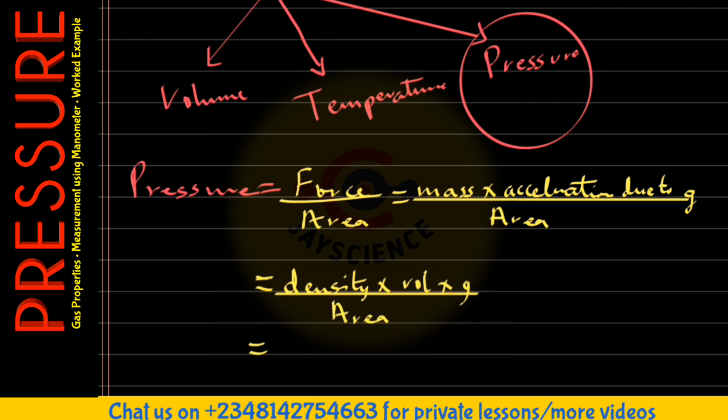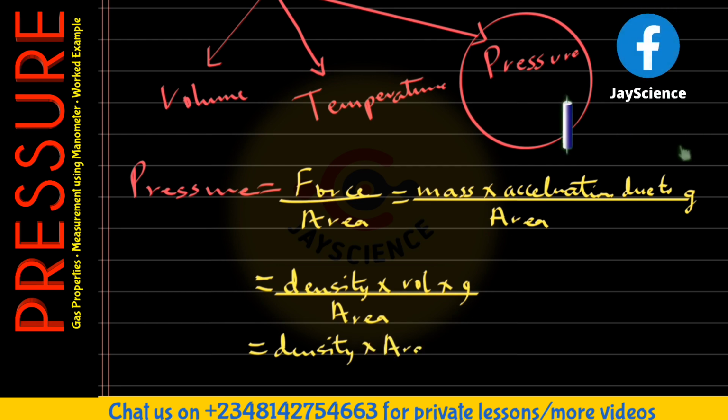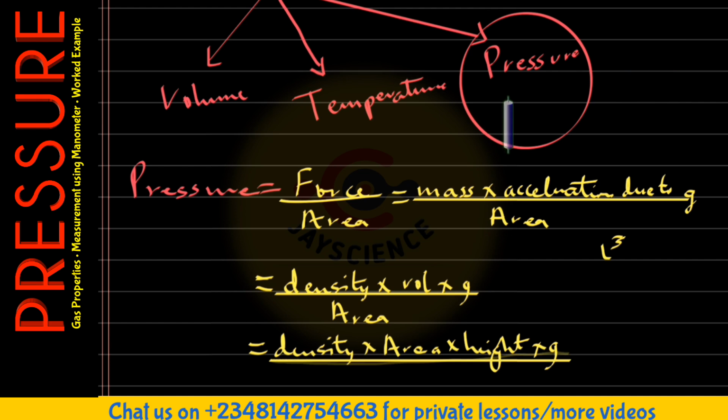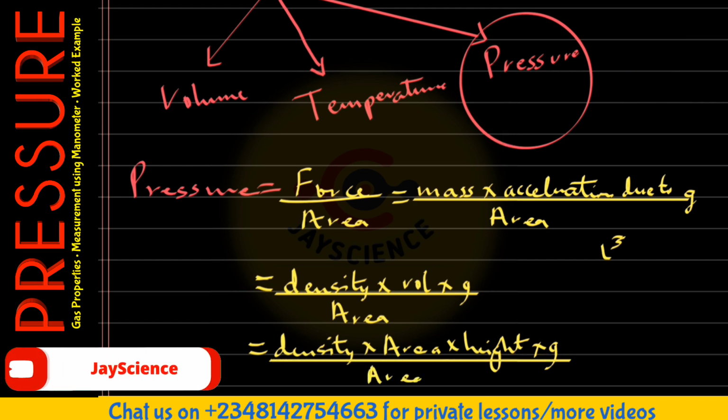Then we can also move a step ahead by breaking this down. Volume in itself is equal to the area, your L cube here, times the height, still multiplied by g divided by the area. Now we're getting somewhere.